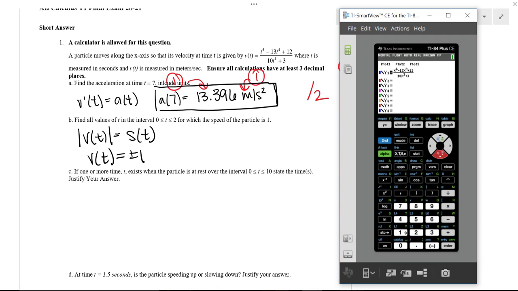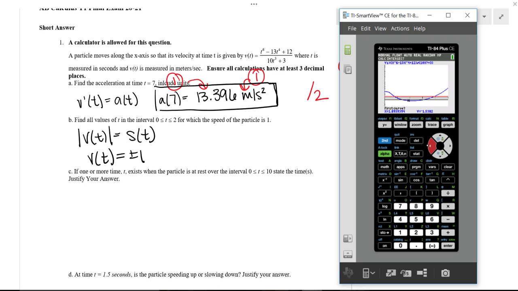I'm going to type in a 1, and then I'm going to type in a -1, and look at that graph, and indeed it is intersecting 2 times, once at that +1, once at that -1 over that interval 0 to 2. So I'm going to grab both of those values by doing that second trace 5, enter, enter, enter. That is not the intersection I want. Let's get this guy really close to this intersection.